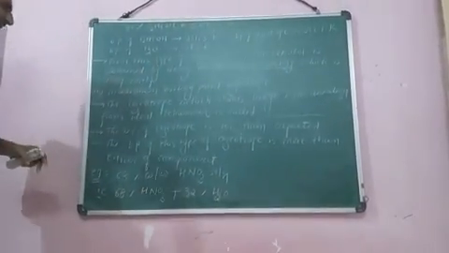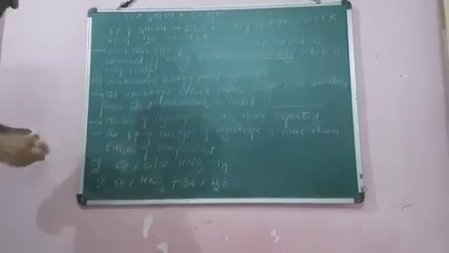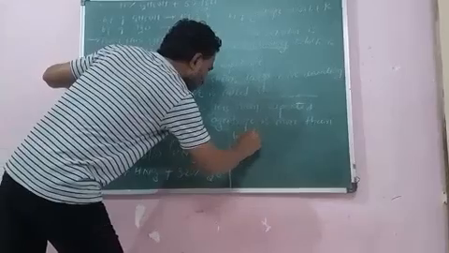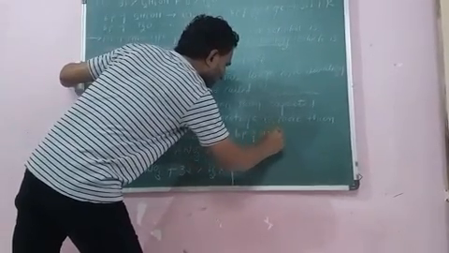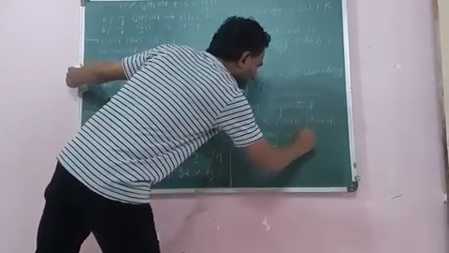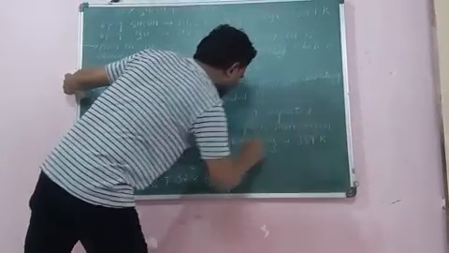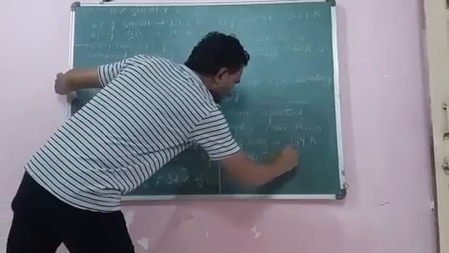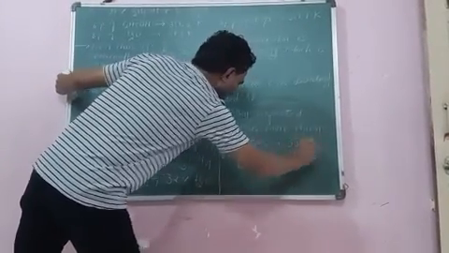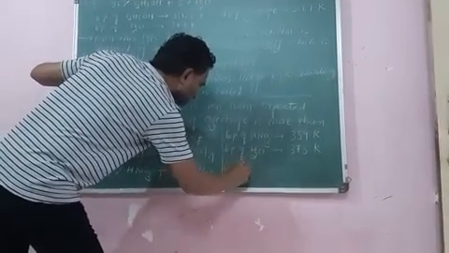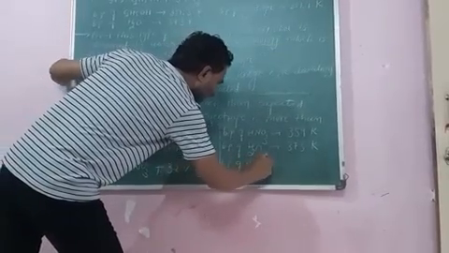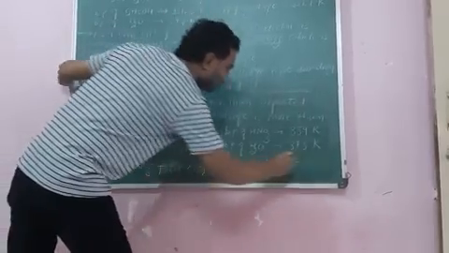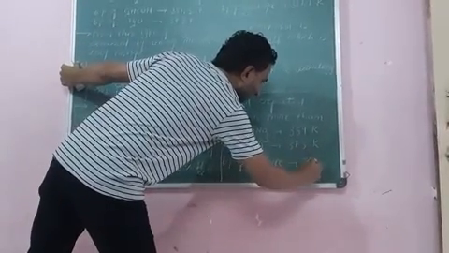So let us discuss how the boiling point is there. See here, the boiling point of HNO3 is near about 359 Kelvin. The boiling point of water is 373 Kelvin, and the boiling point of the azeotrope is 383 Kelvin.